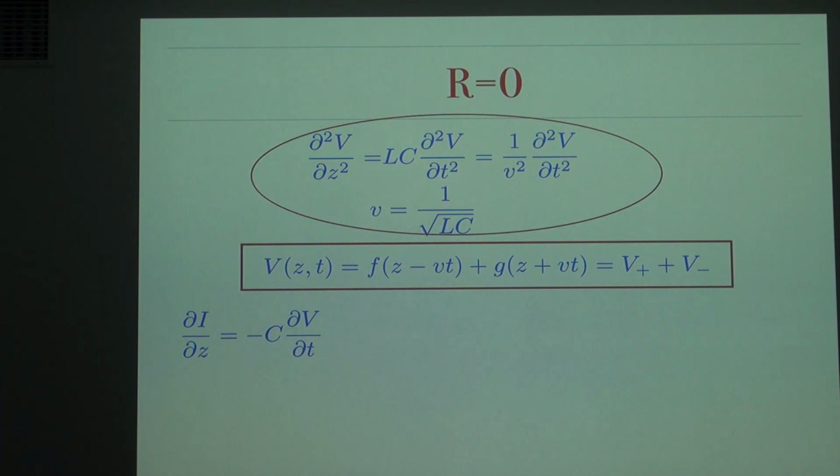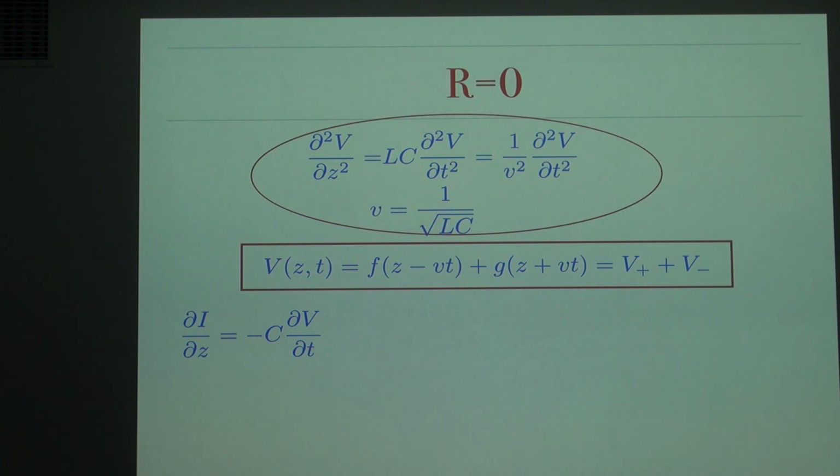If I sit in a coordinate system which moves with the velocity v, then the f function describes the wave going in one direction, and the g function describes the wave which moves in the opposite direction.